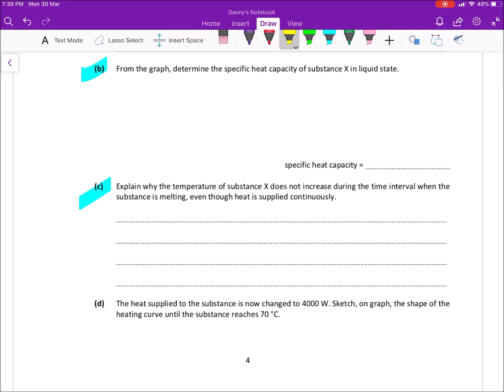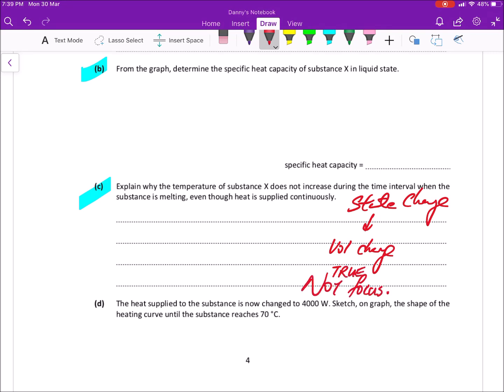I have to repeat one thing. Please pay attention. One very important thing. When you are talking about state change, for God's sake, volume change, yes, it is true, but it is not the focus. So stop telling me that the particles are getting more and more further apart.